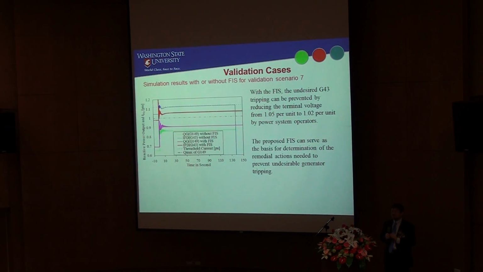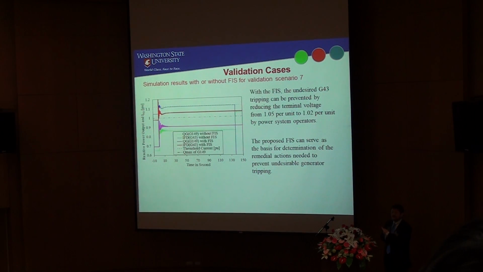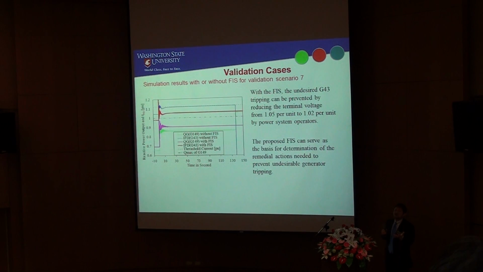But if I can change my operating condition by less than 3%, 0.03 per unit of the voltage, I will shift that operating point, and that generator will not trip. Okay?